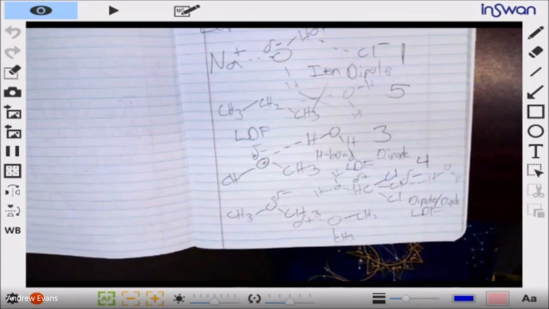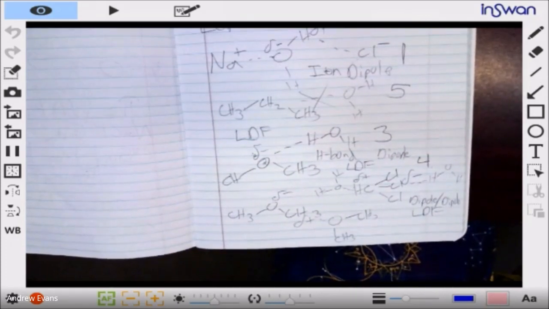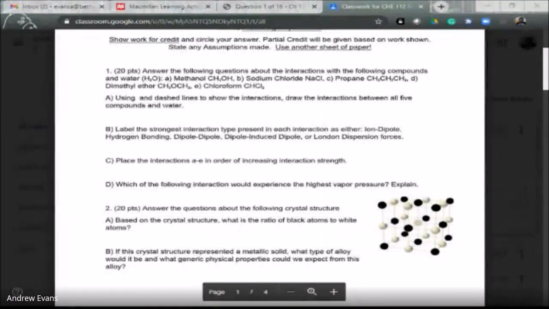The final part of that question is, which one of these would have the highest vapor pressure? We have to remember, vapor pressure is dependent on a lack of interactions. Low interactions means high vapor pressure, meaning it will escape into the gas phase more easily.